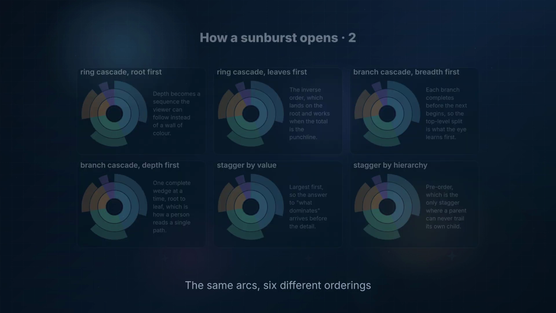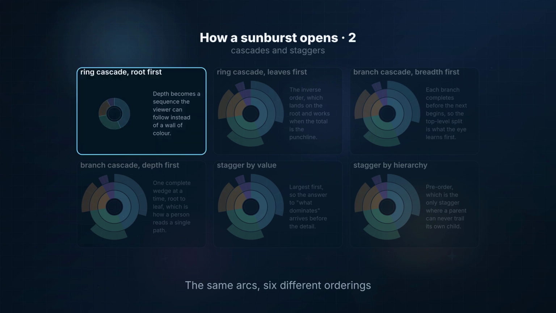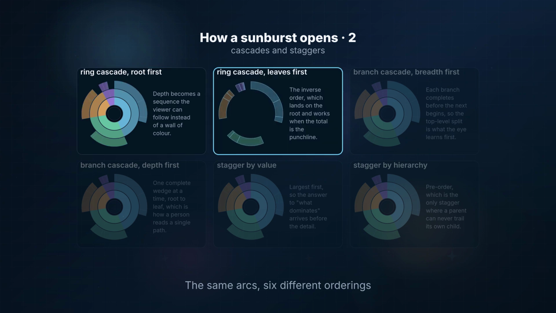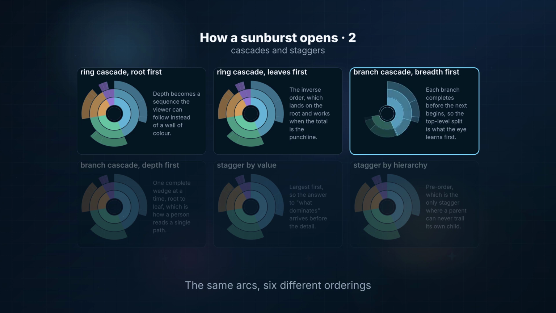A cascade is a stagger with a rule behind it, and the rule is the lesson. Cascading by ring turns depth into a sequence the eye can follow. Cascading by branch completes one wedge before starting the next, which is how a person actually reads a single path from the root outward.